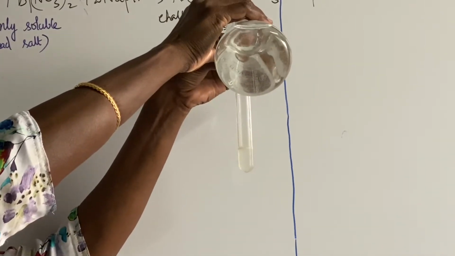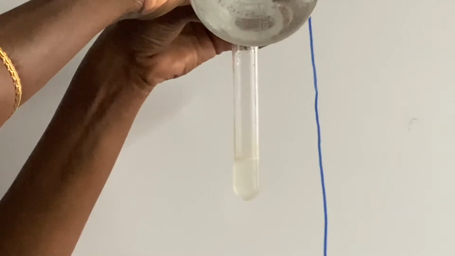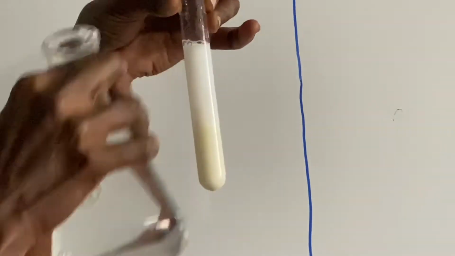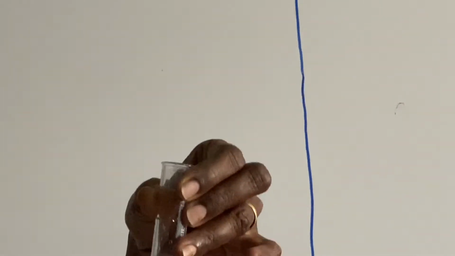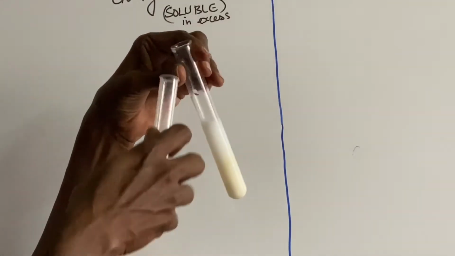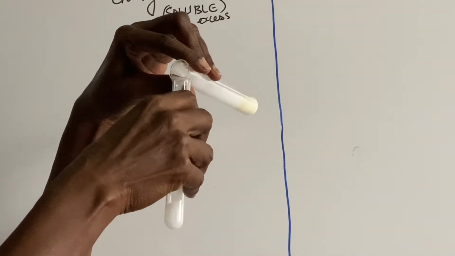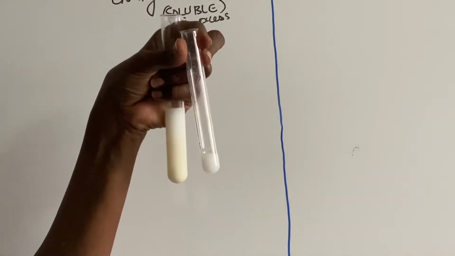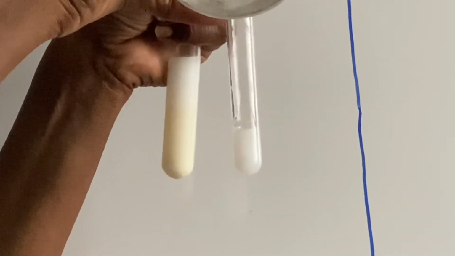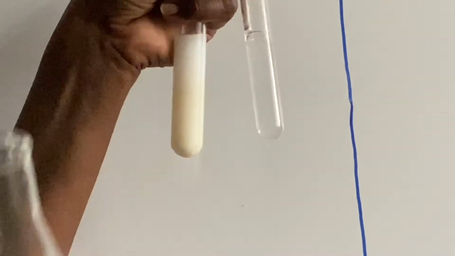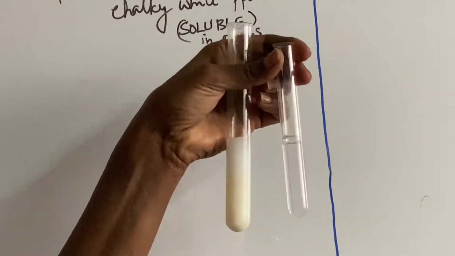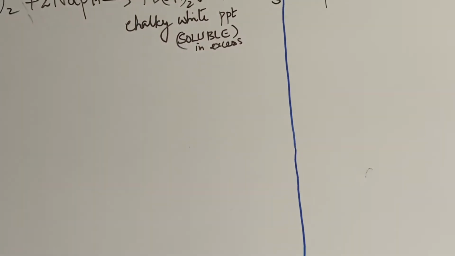Now as I add some more, slowly it would dissolve the precipitate. This is the chalky white precipitate. Let me take a little bit of this chalky white precipitate, and if we add excess of sodium hydroxide, you can see that the precipitate clearly dissolves and it forms a colorless solution. This is what happens with sodium hydroxide.